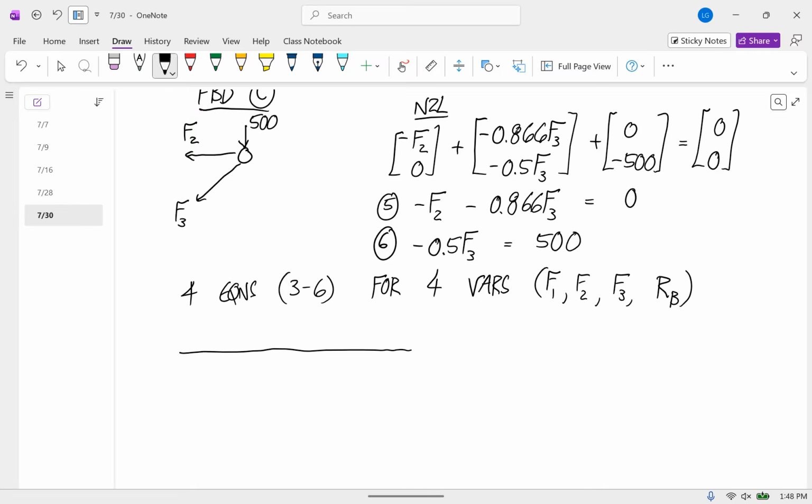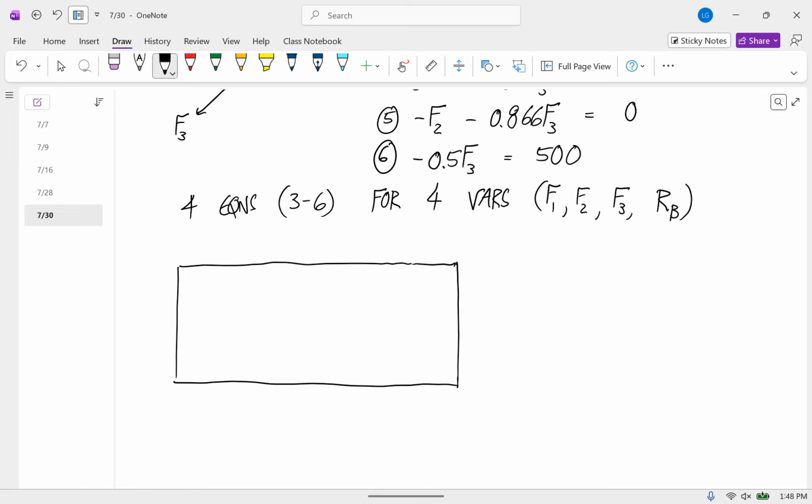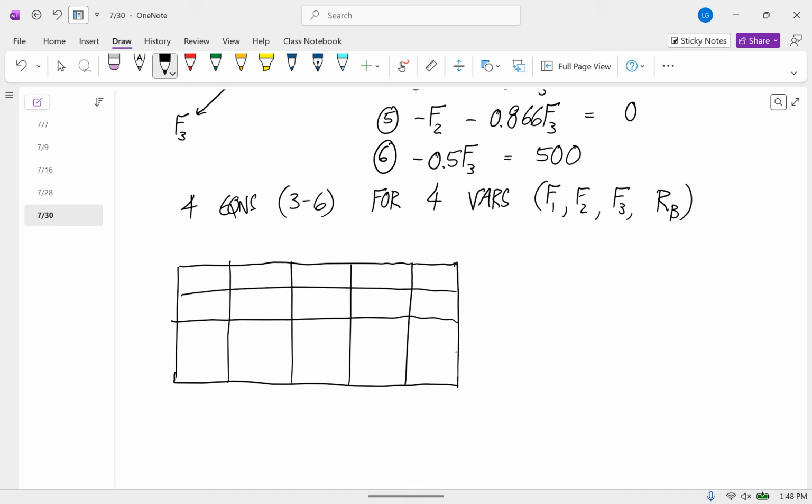Okay, so here's the augmented matrix. We have 4 equations for 4 variables, so we're going to have 5 columns, and we're going to have 4 rows. And these are the equations 1, 2, 3, and 4.